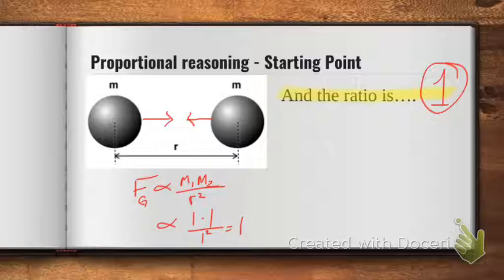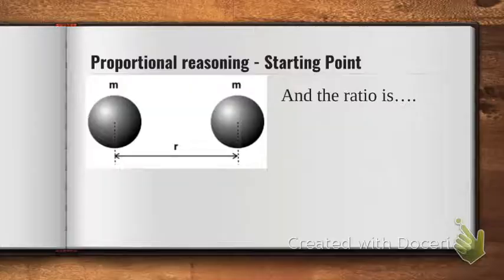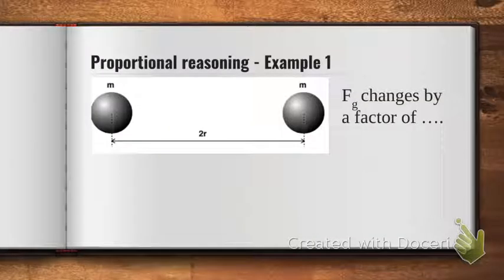All right, let's do another one. Let's mess it up a bit. So on this one, we're going to take the same masses, but now we're going to double the distance between them. So when we do that, what happens? How much does the force of gravity change by? That's a big G, like I said, keeping myself consistent. So the force of gravity is proportional to m1, m2 over r squared.